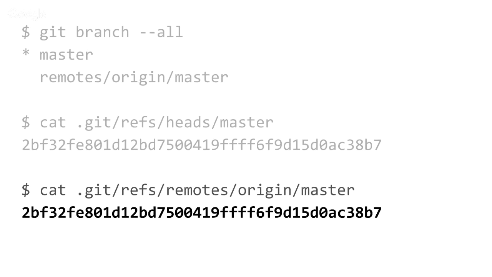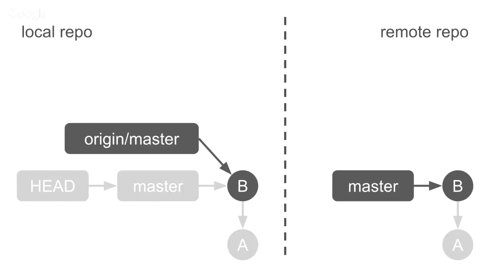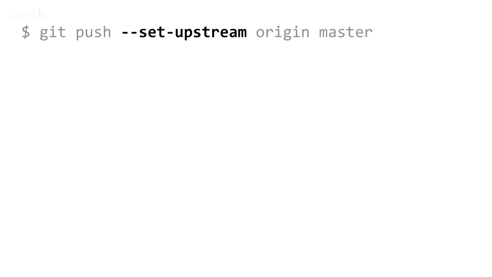It points to the same commit as our local master branch, which is reflected on the graph here. Okay, so basically this is the same information locally, so we can say we have a snapshot of the remote repo right now in our local repository.